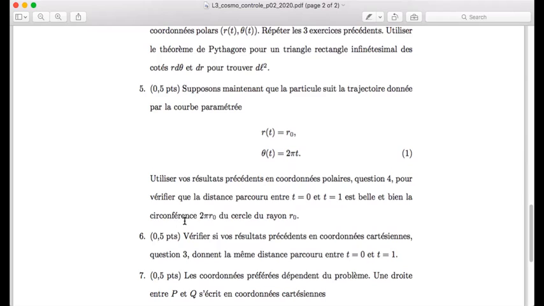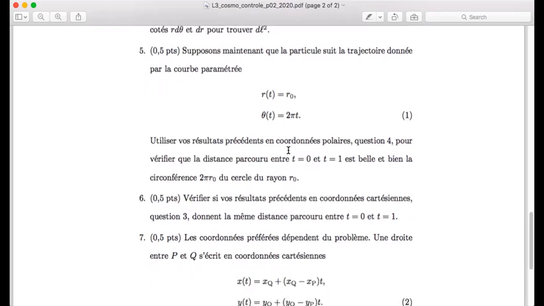And so we should get the circumference of a circle, which you know from your geometry classes is 2 pi times the radius of the circle. But I don't want you to just write down that result. I want you to use the formula that you got and apply it to this case.